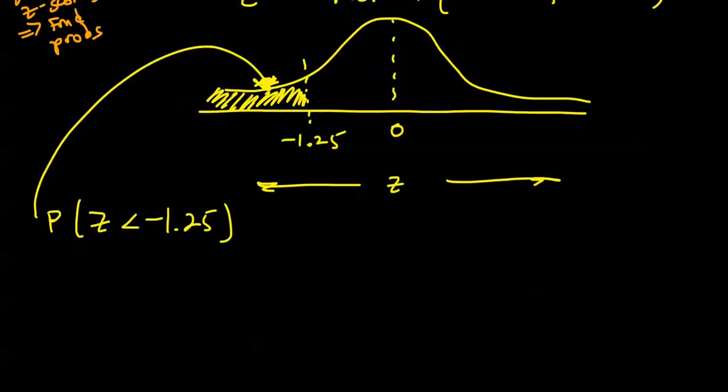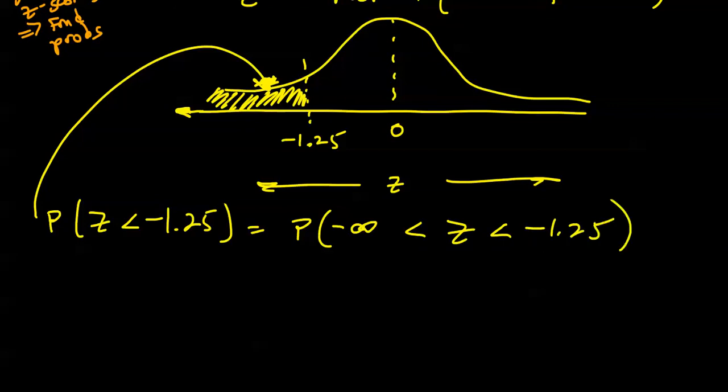Now remember, to use your normal CDF command, you've got to put in a left bound and a right bound for z. Of course, my possible z values theoretically go off to negative infinity, so I claim the probability that z is less than minus 1.25 is indeed the probability that z is between negative infinity and minus 1.25.